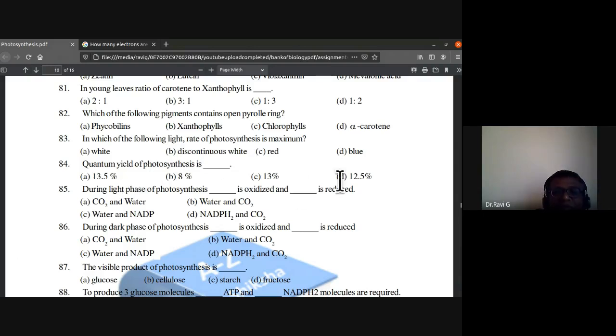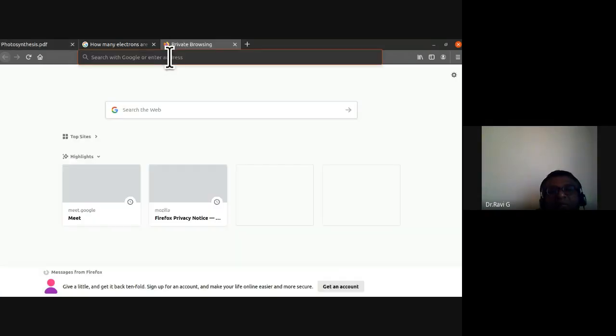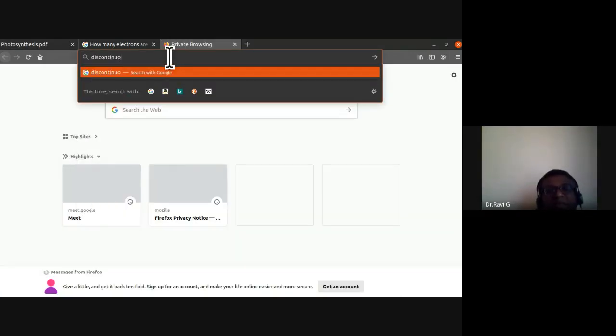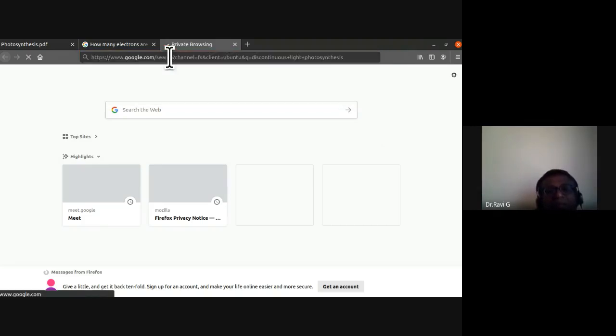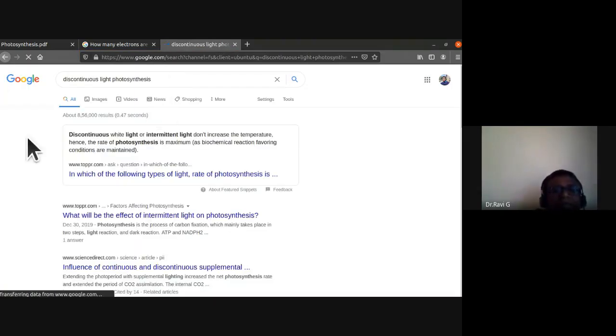84th, quantum yield of photosynthesis is 12.5%, not 8%. Quantum yield of photosynthesis is 12.5%. So in which of the following light is the rate of photosynthesis maximum? Discontinuous light is the answer. See, discontinuous white light or intermittent light doesn't increase the temperature.